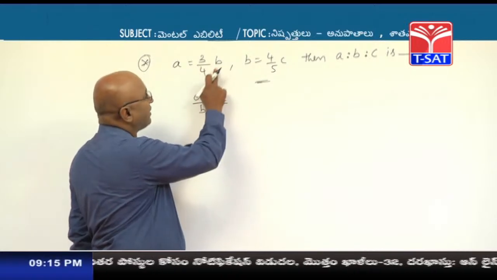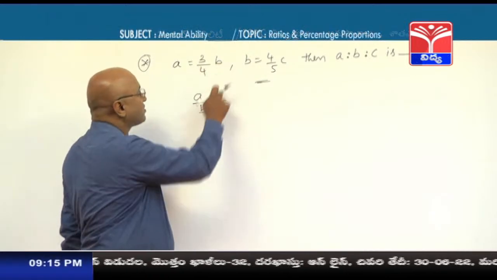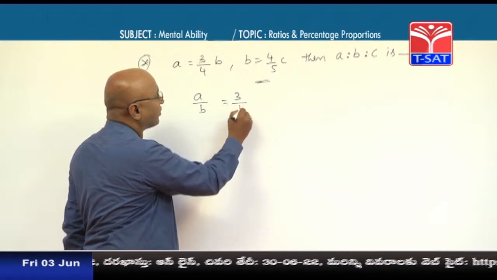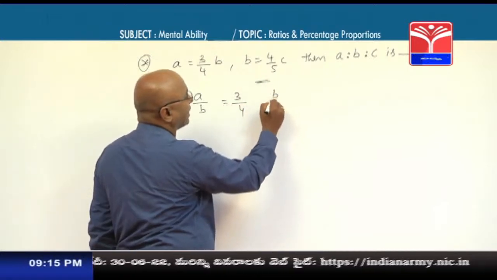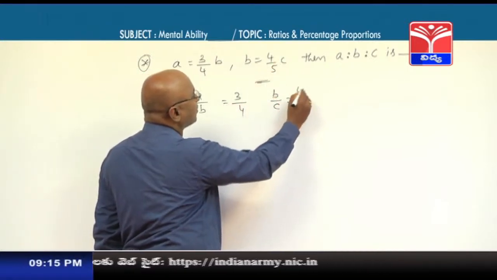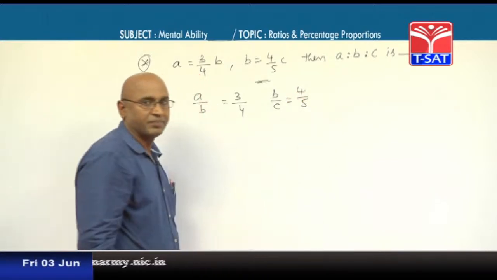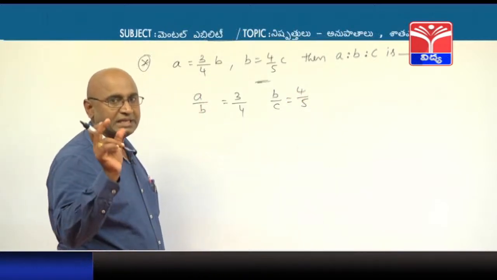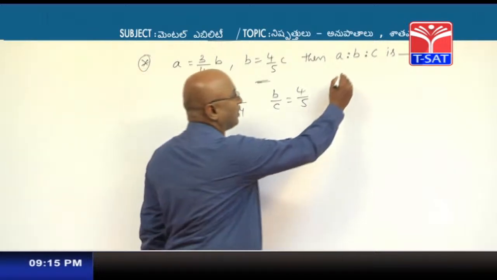Here A is equal to 3 by 4 B, so taking B to the other side, A by B is equal to 3 by 4. Similarly, taking C to the other side, B by C is equal to 4 by 5. Now, in order to find out A is to B is to C, there is a formula.